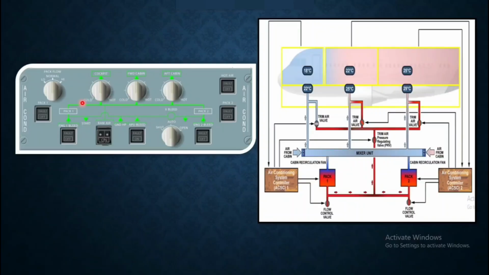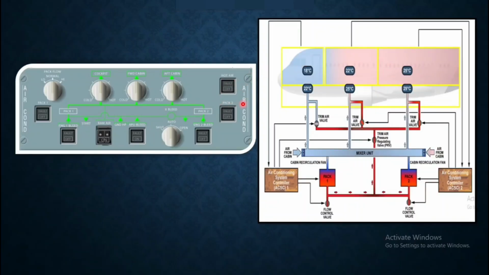There are 3 positions: cold, 12 o'clock, and hot. Cold will give 18 degrees Celsius, 12 o'clock will give 24 degrees Celsius, and if you select hot, it will give 30 degrees Celsius, and this will maintain the cabin temperature. And there is a hot air push button.